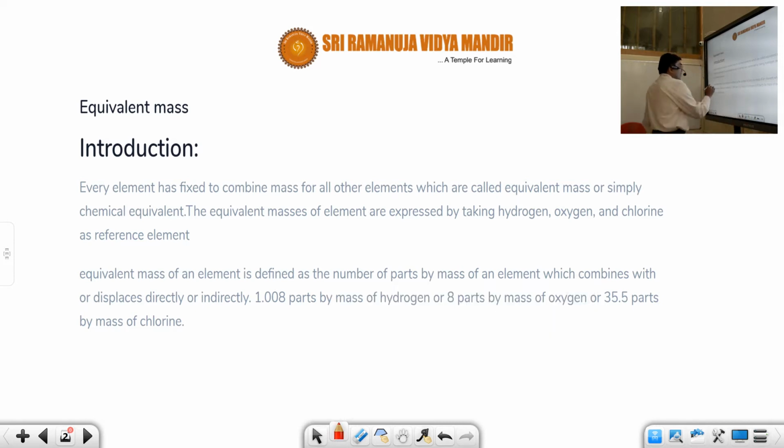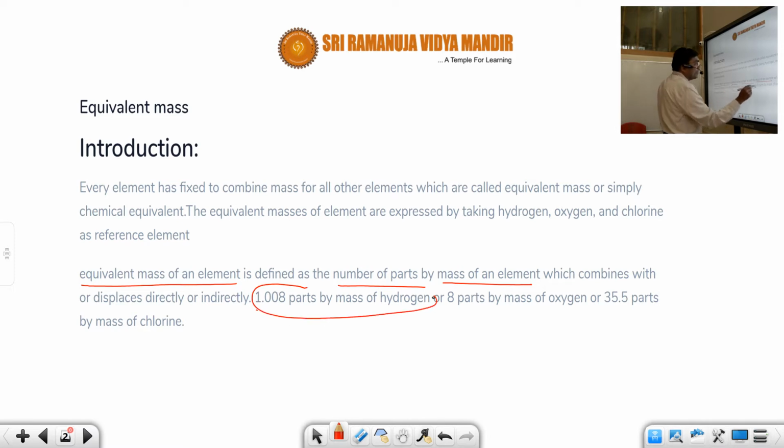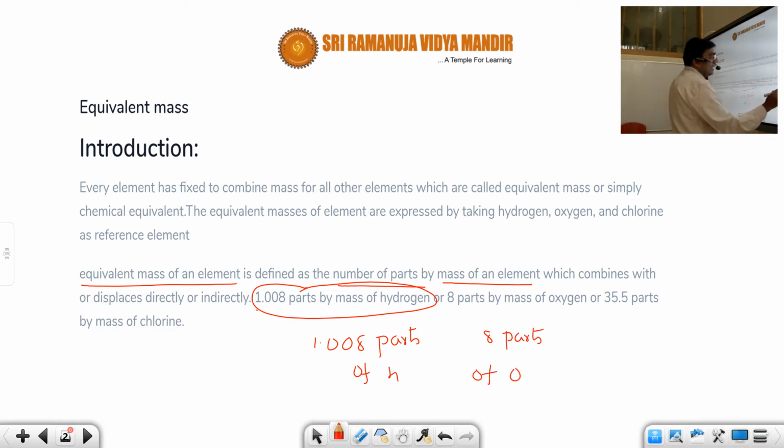The equivalent mass of an element is defined as the number of parts by mass of an element which combines directly with 1.008 parts by mass of hydrogen, 8 parts by mass of oxygen, and 35.5 parts by mass of chlorine. So, this is how it is defined.